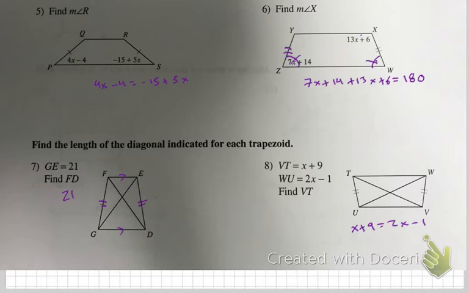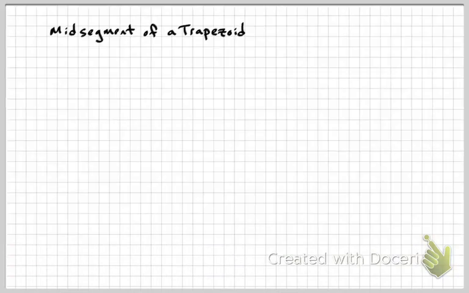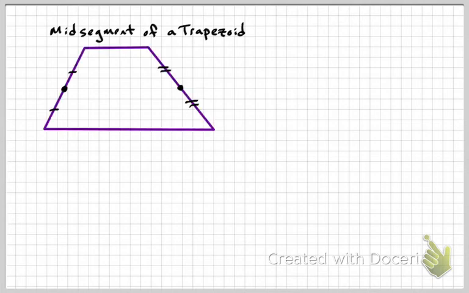All right. So that's the basics of isosceles trapezoids and normal trapezoids. But there's one last thing we need to talk about, and that is the mid-segment of a trapezoid. So notice in this diagram, I have 2 points on each leg. And those points are the midpoint of each side or each leg.